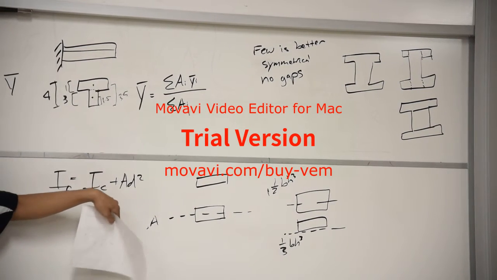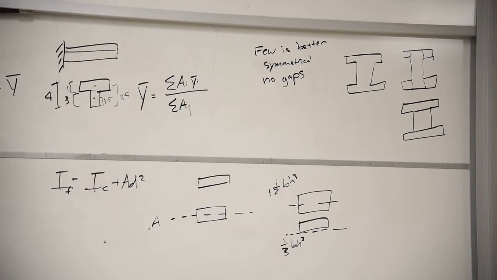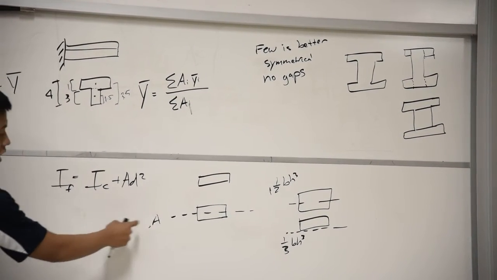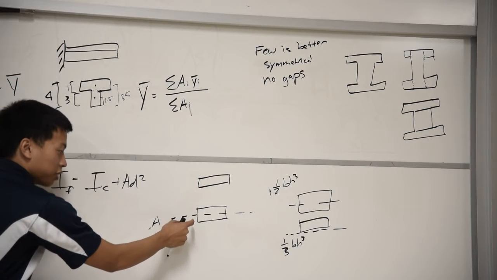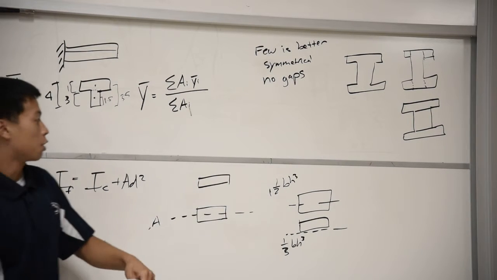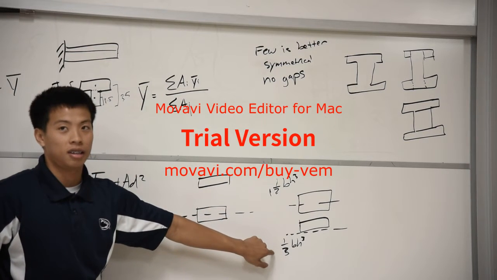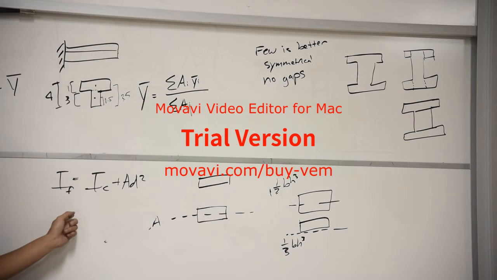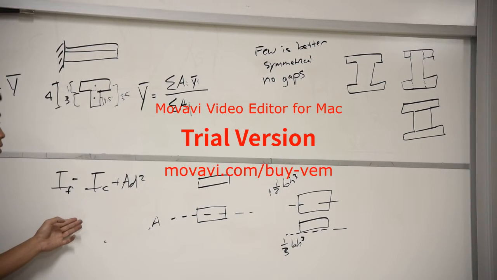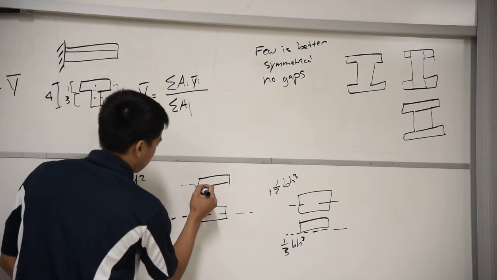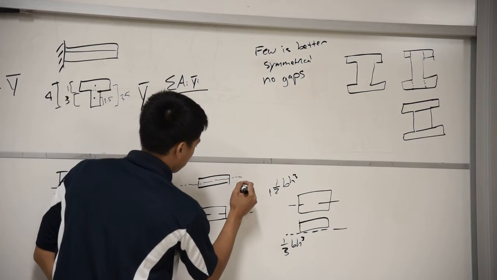When using this equation, this IC is as if the piece was right on the center of the neutral axis. So you would use this equation, not this one, to find this IF. Make sure you don't use the wrong one. Area, and then D is the distance from the center of the floating piece.